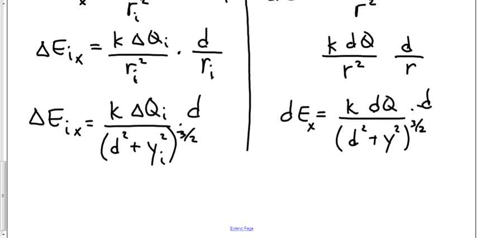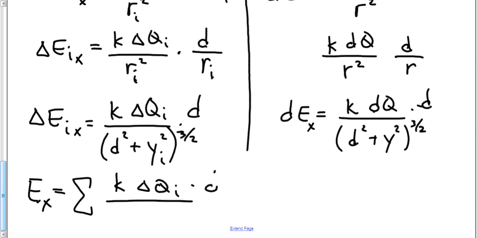All right, and what are we going to do next? Well, we're going to say if that's the little fieldlet from just that one little charge, how would we get the contribution of all of them put together? Well, that's just summing up. So when you sum up a countable number of things, you just sum up all of the little contributions. So this is the sum of k delta q for segment i.